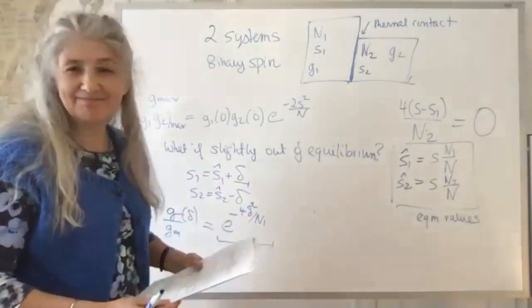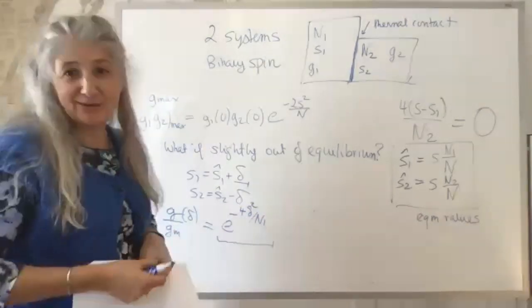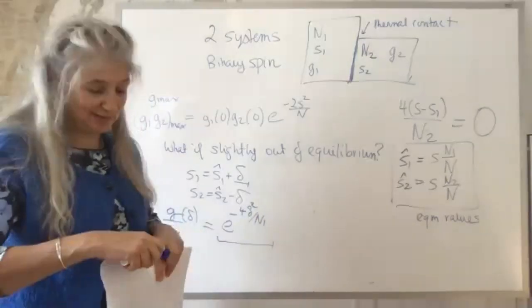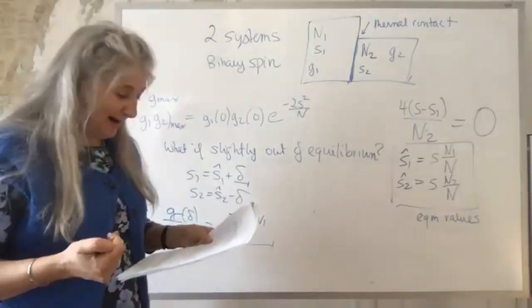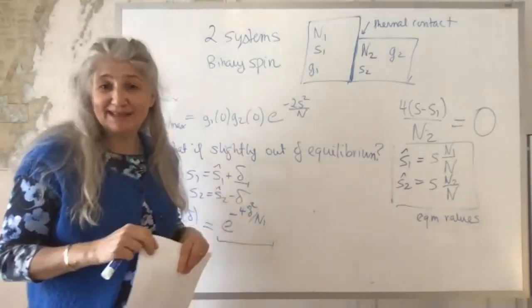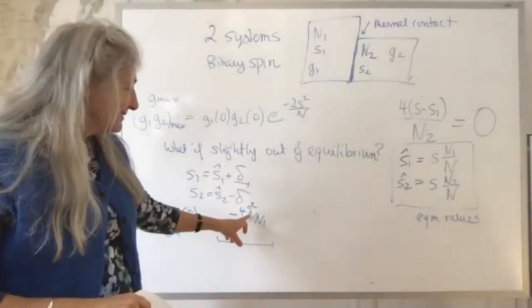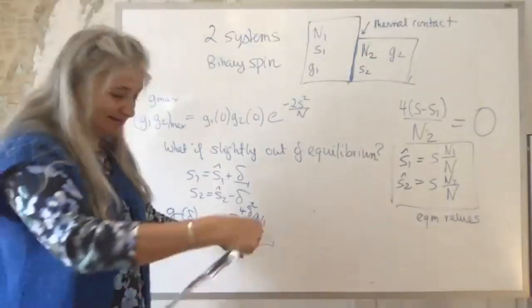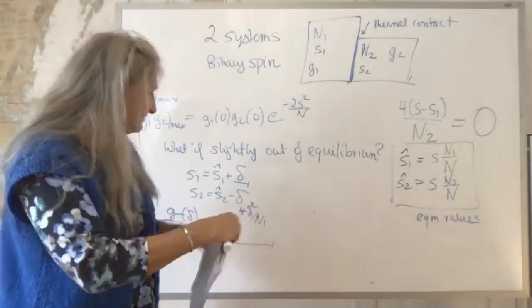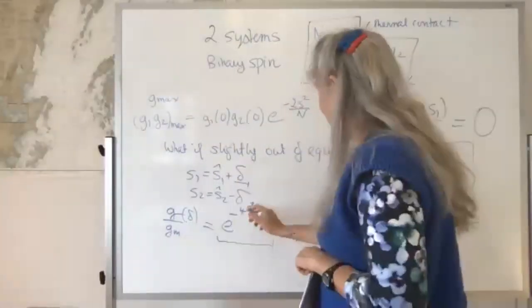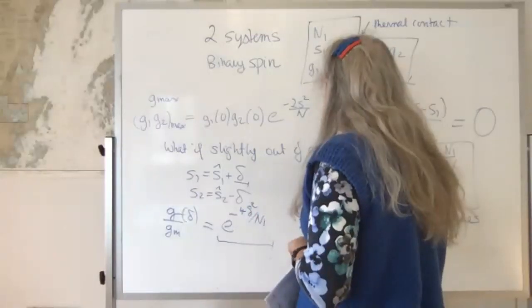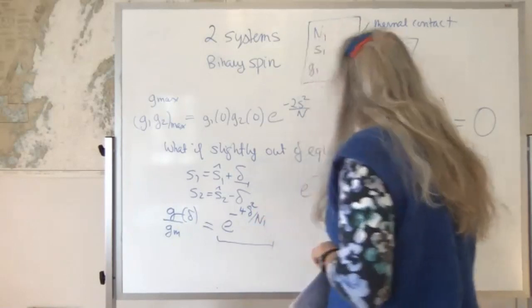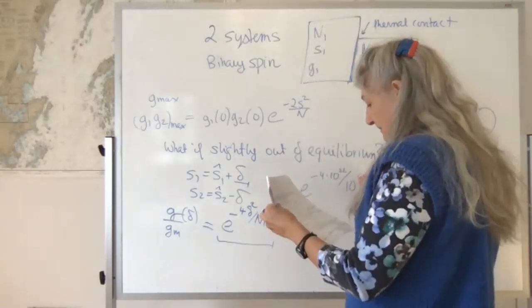But now we can ask, what if we have a system of spins with, say, Avogadro's number of spins, and I move it out by, say, 10 to the 12 spins? So 10 to the 12 squared over Avogadro's number. Let's figure out: suppose I have 10 to the 12 spins, e to the minus 4 times 10 to the 12 squared, divided by 10 to the 22. Is that right?